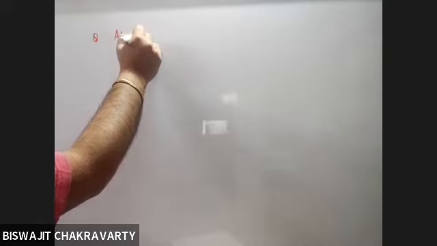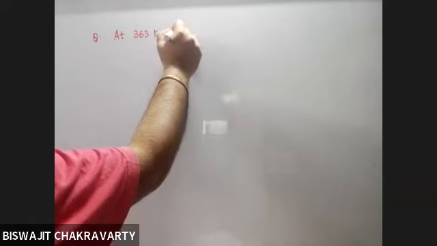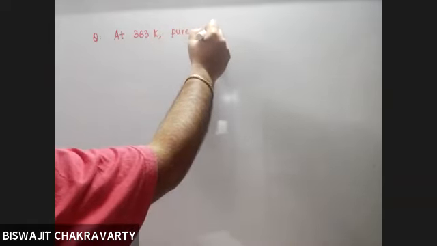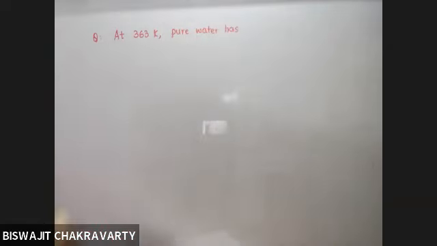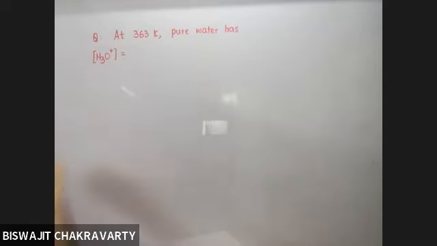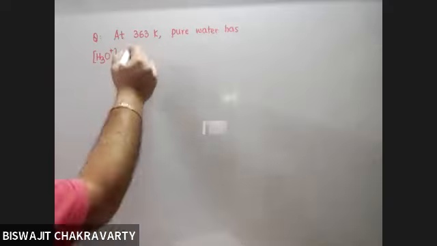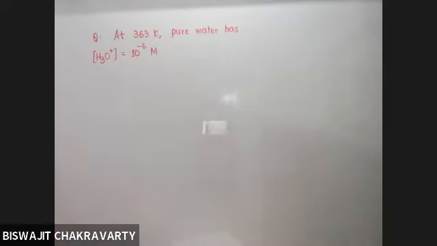Now, let me give you a question. The question says at 363 Kelvin, pure water has H3O plus concentration equal to 10 to the power minus 6 molar. Temperature is not 25 degrees Celsius.